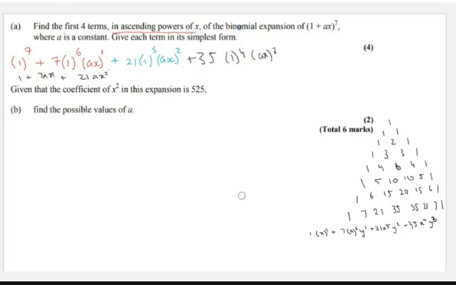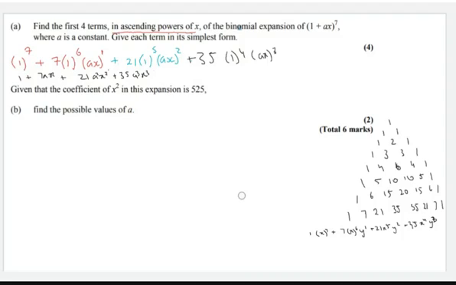What you said was correct. A squared x squared, because you're squaring both terms. Or it's ax times ax. Cool.